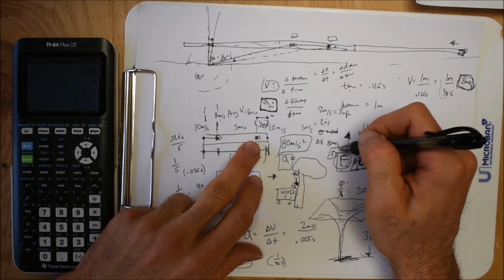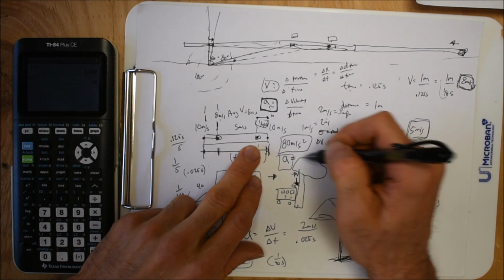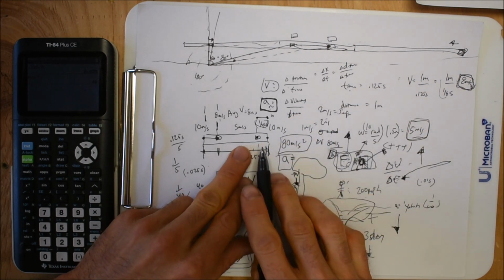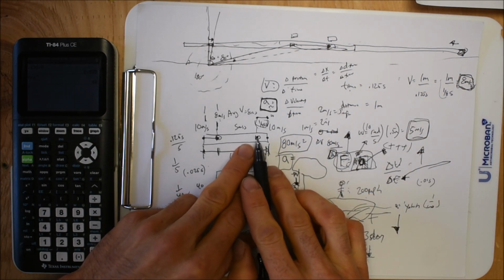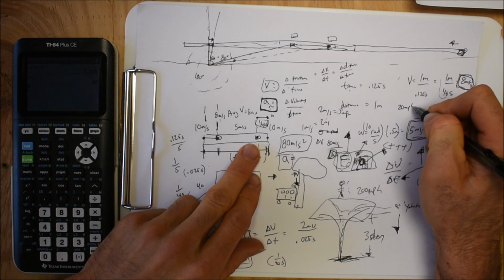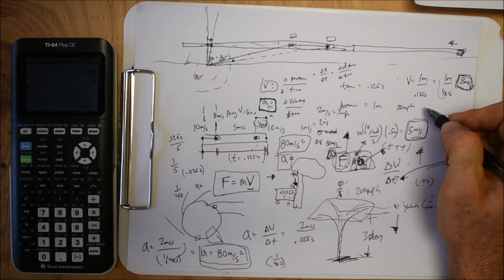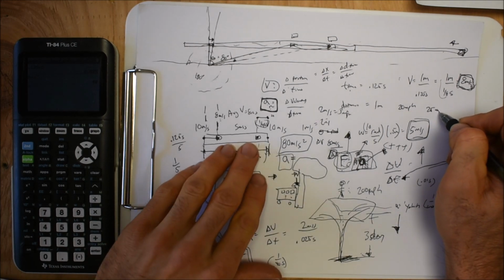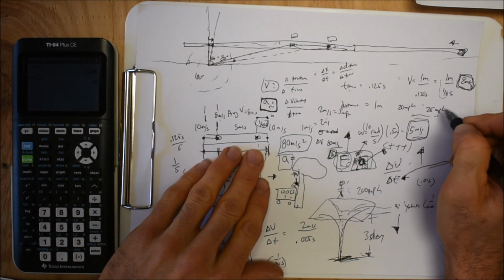But we don't have another second. We have a 40th of a second. So it's only going from 8 meters per second, which is about 20 miles per hour, to 10 meters per second, which is about 25 miles per hour, like we said, a 5 mile an hour difference.